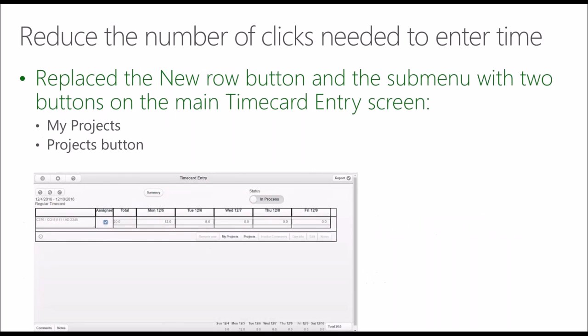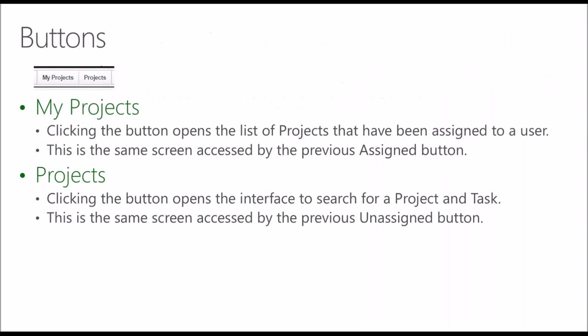Well, now there are 2 buttons, and those buttons are both located on the main time card entry screen. There is a My Projects button and a Projects button. The My Projects button will take you to a list of those assigned projects. So it's the same idea as the Assign button.